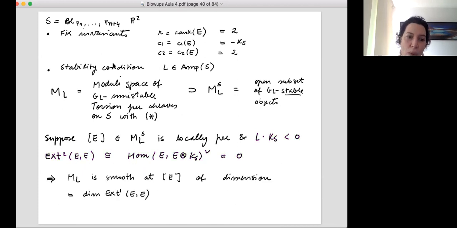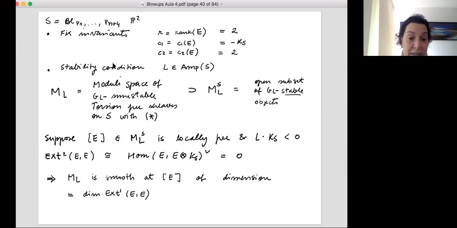And so from the general theory of moduli spaces of torsion-free sheaves, the moduli space is smooth at the corresponding point, and the dimension of this moduli space can be computed as the dimension of Ext^1 from E to E.